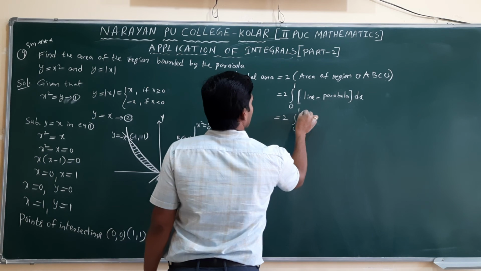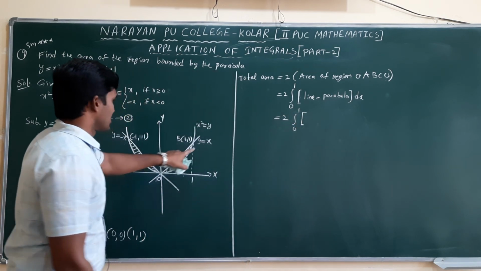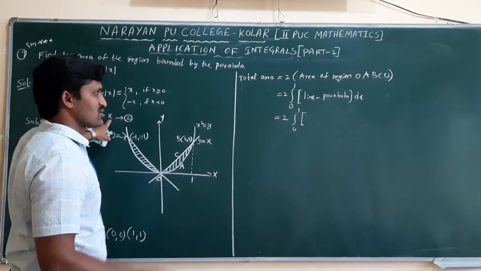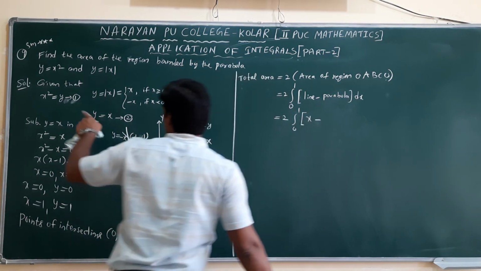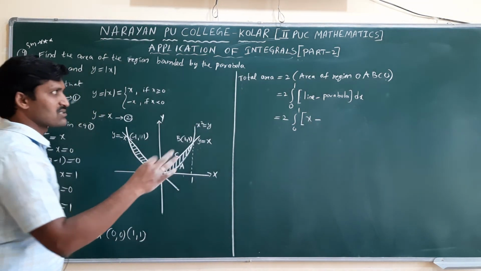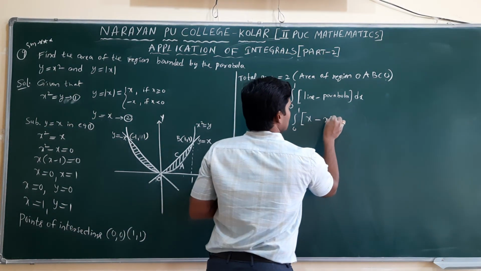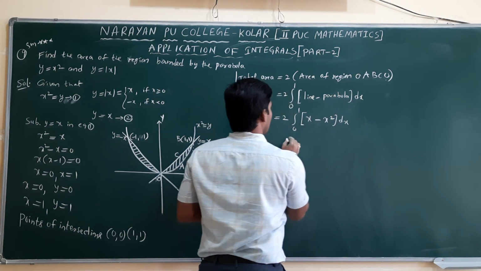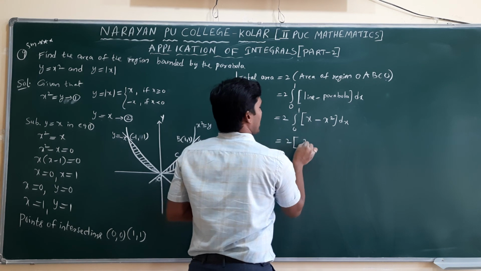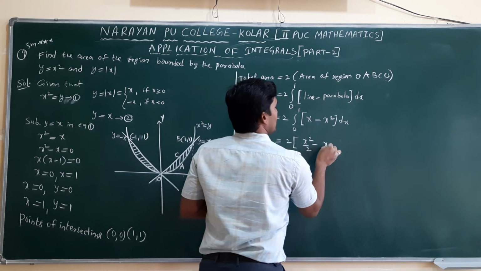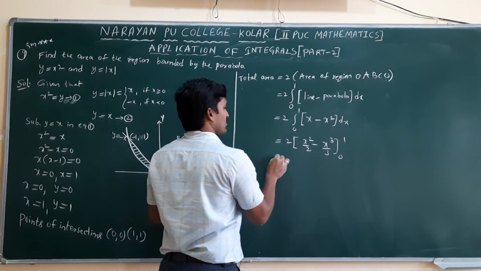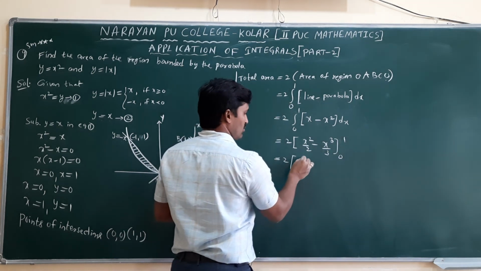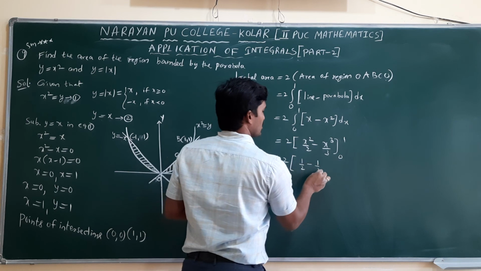Integral 0 to 1. The line is already there: y is equal to x, y in terms of x clearly. So x minus the parabola, also y in terms of only x, that is x square. It's very easy, you need to understand. Now 2 into integral of x is x square by 2, integral of x square is x cube by 3, from 0 to 1. 2 into, upper limit substituted: 1 square is 1, 1 cube is 1.